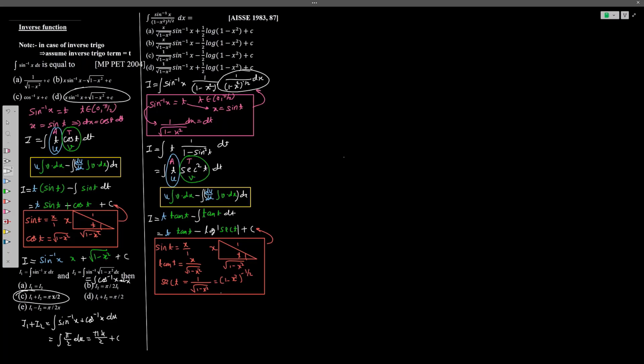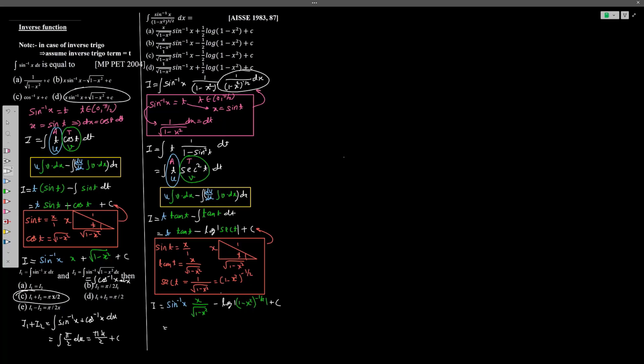So I will become, instead of t, sine inverse x. Tan t is x upon under root of 1 minus x square, and minus log mod sec t is 1 minus x square raised to minus 1 by 2, plus c.